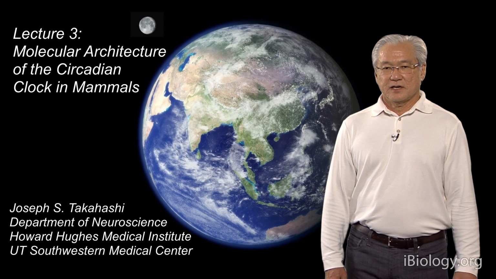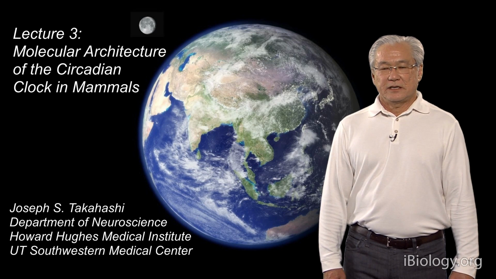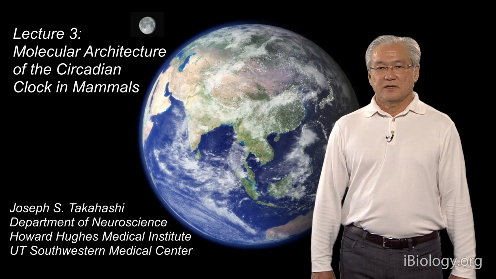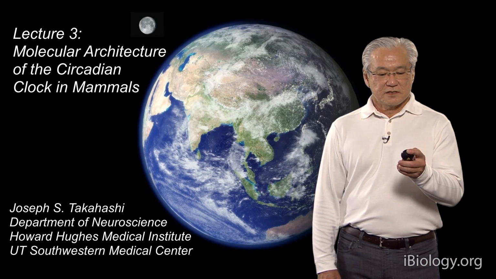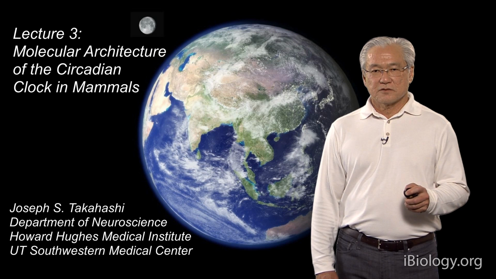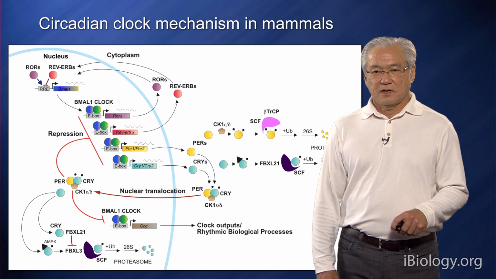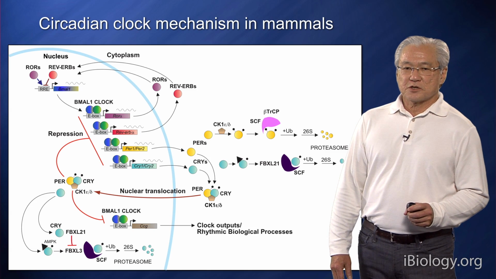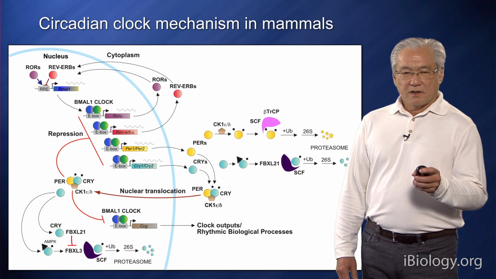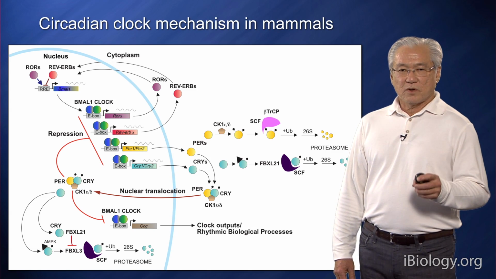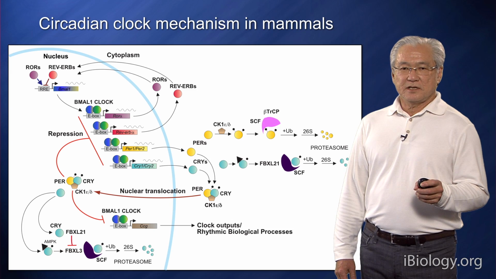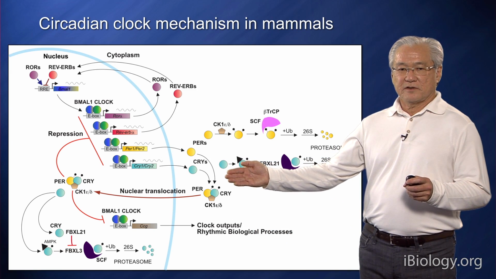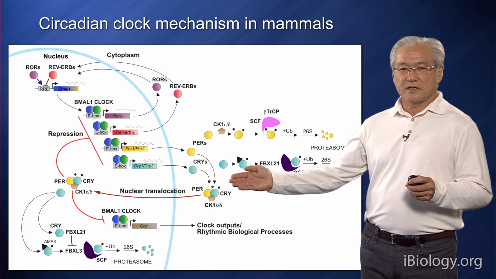And in this third lecture, I want to introduce you to the biochemistry of CLOCK and BMAL1 and focus on the functions of those two important clock proteins. As we saw in the previous two lectures, the clock is controlled by a network of interacting genes with a primary negative feedback loop involving CLOCK, BMAL1 and the peripheral genes.